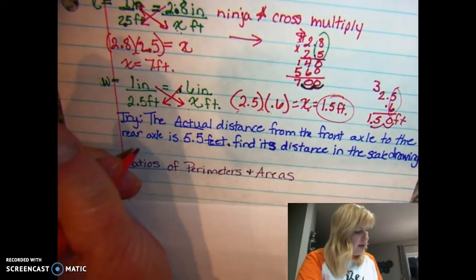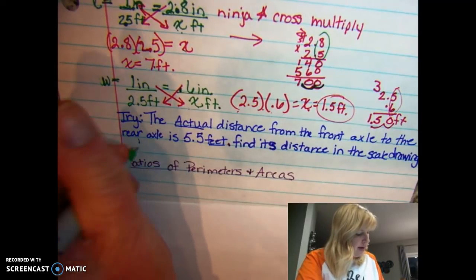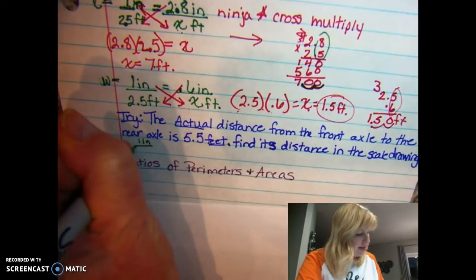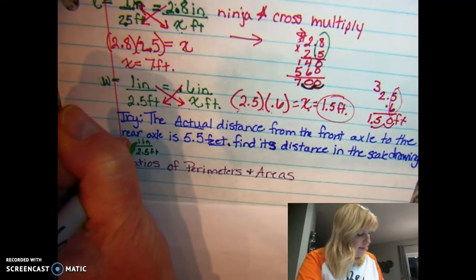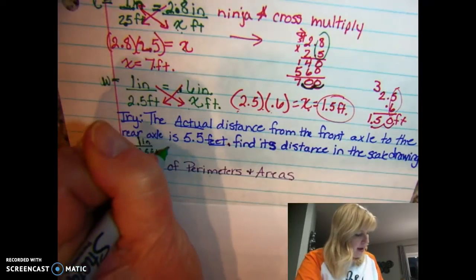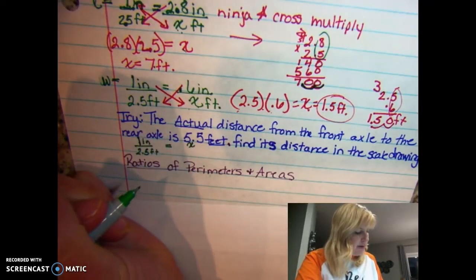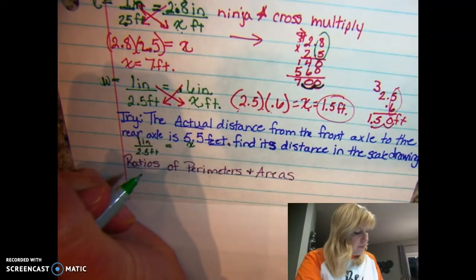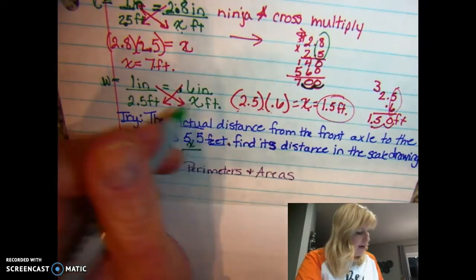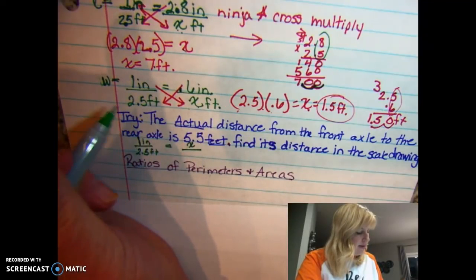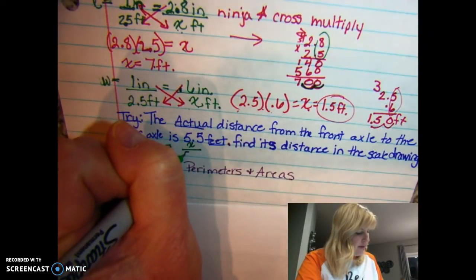So we are going to use the same ratio as before. The 1 inch is to 2.5 feet. And then we don't know, the x is actually on top, and the bottom is the 5.5 feet.